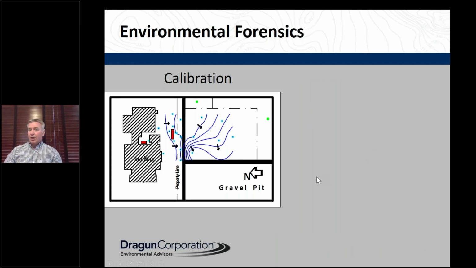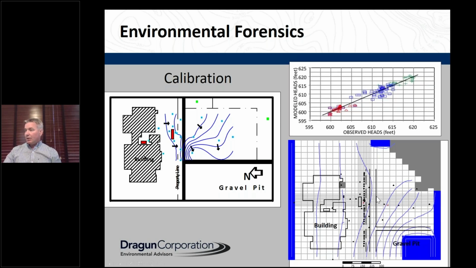So as part of the model, first we try to match the flow conditions, and that's called calibration. What we're showing here again is the observed flow. And then on the lower right, you see the modeled flow. Comparing the general shape of the contours, you can see that the spacing and the shape is pretty similar, so we're simulating the flow reasonably well. In order to get a more objective view, we also look at the observed heads compared to the modeled heads.